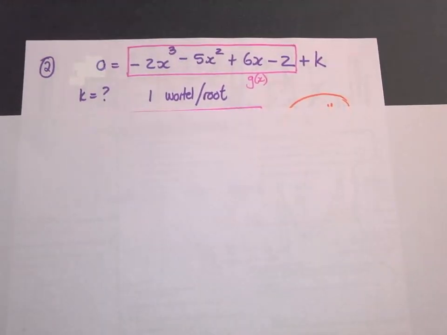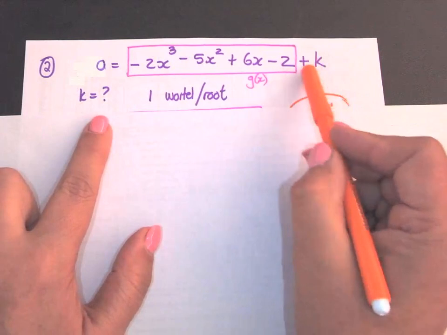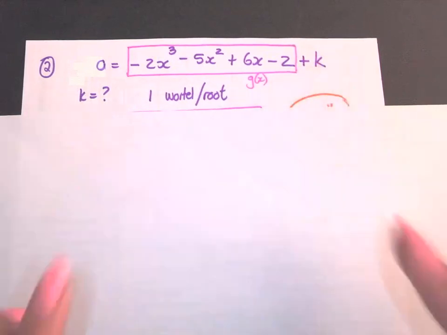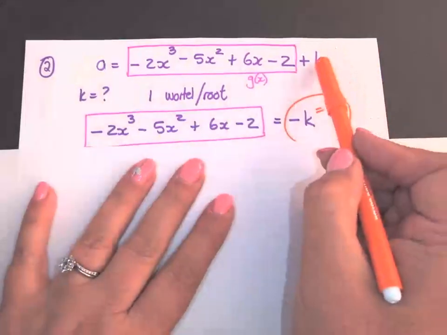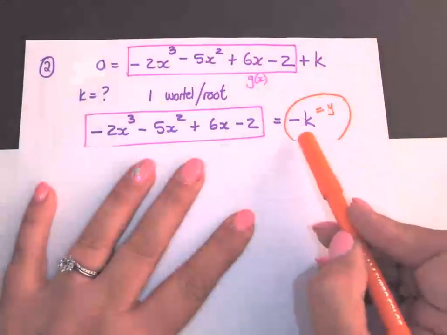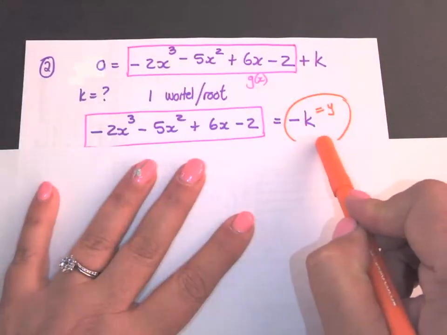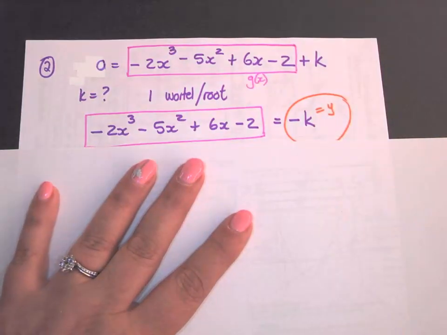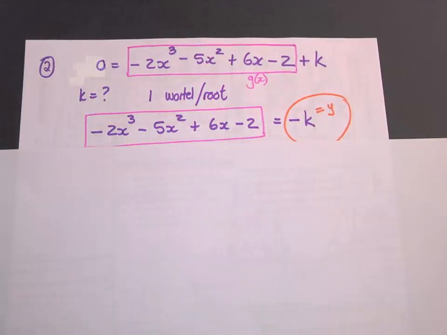So what is the value of k if I only want one root? So now I have to isolate k. And you say, okay, I'll take this k over to the other side. Then it becomes a negative k. So now y is a negative k. Right? Are you with me so far?